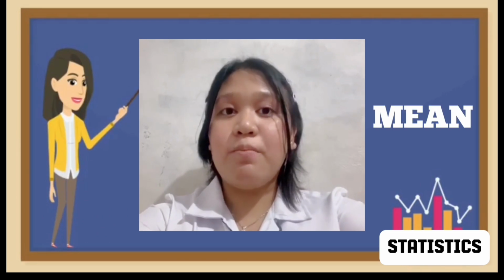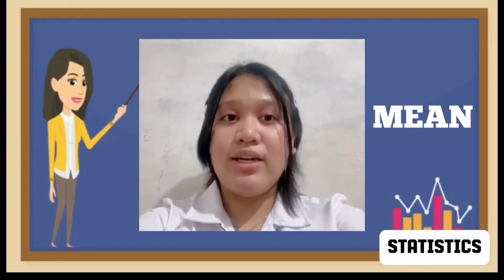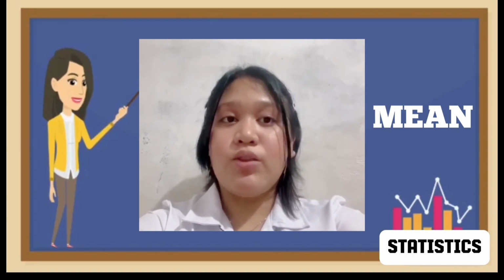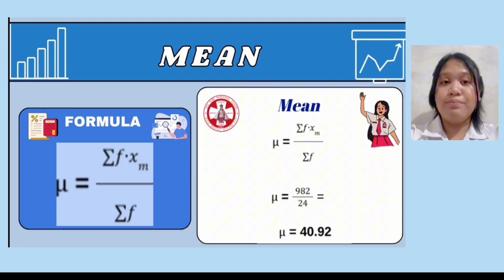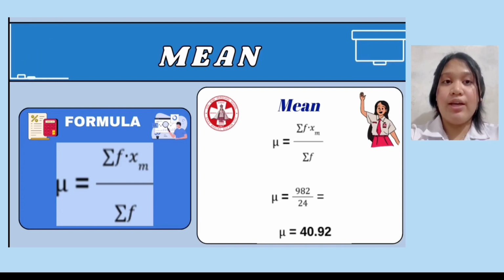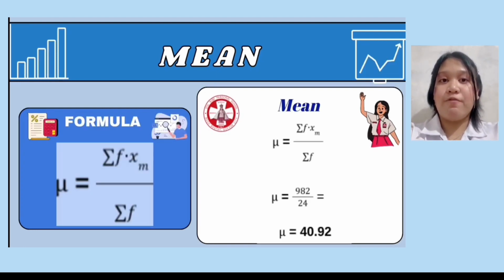First, the value of the mean, by adding up the total of f times xm, then dividing by the total of frequency. Let's calculate the mean. Mean equals the summation of f times xm divided by the summation of frequency.